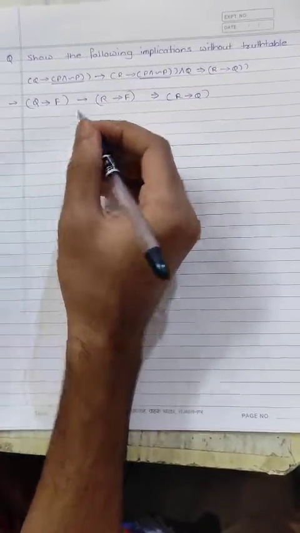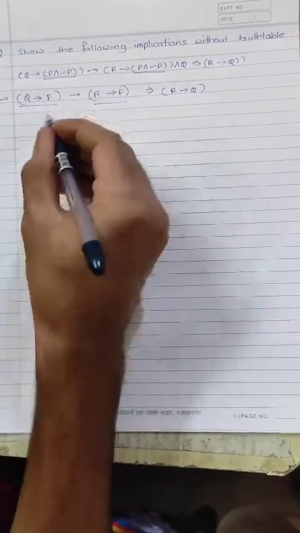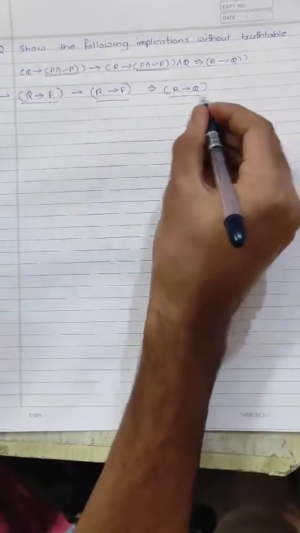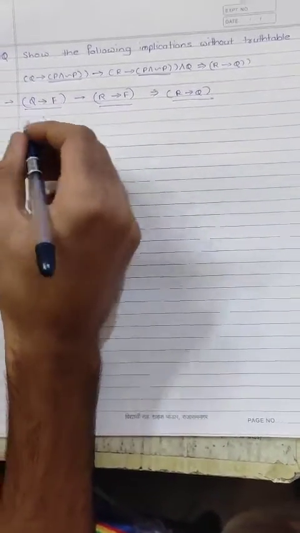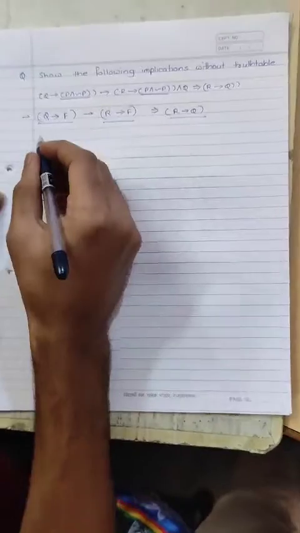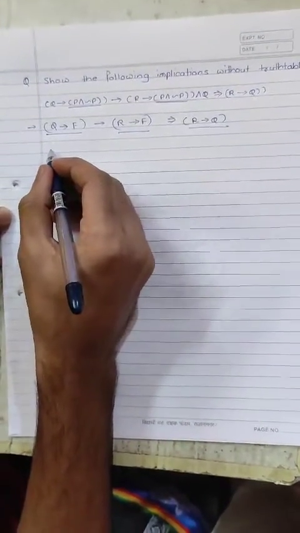For the next step, these are the two implications, or three we can say. We have to convert them into AND/OR form. So we know the simplification of implication.